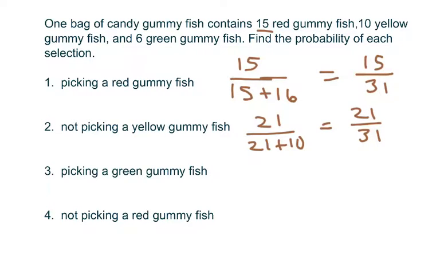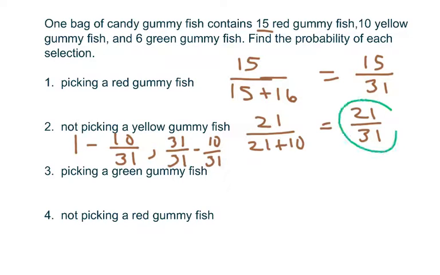Or you could just say 1 minus your yellow. So your yellow is 10 over 31. So this would be the naught, your 1 minus the naught, which would be 31 over 31 minus 10 over 31. These are so easy, I think it's just better to do it this way sometimes. And that gives you your 21 over 31.